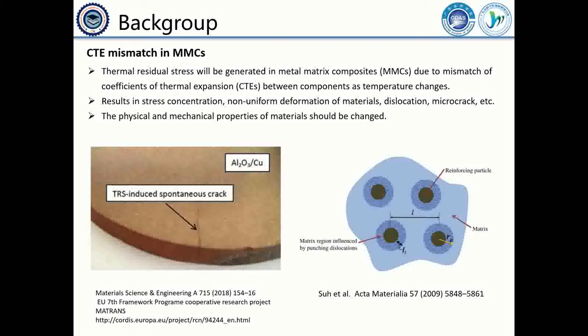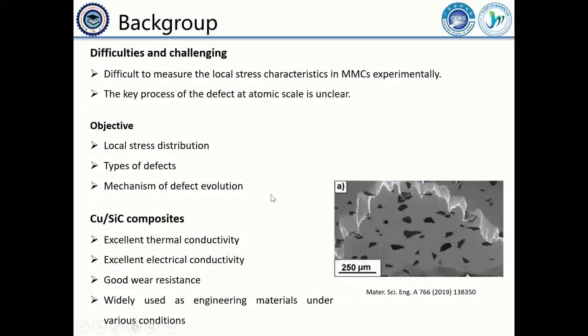This will result in stress concentration, non-uniform deformations of materials, dislocations, and micro collapse. Thus, the physical and mechanical properties of the materials can be greatly changed. These issues have long been studied by many researchers, but there are still many difficulties and challenges.